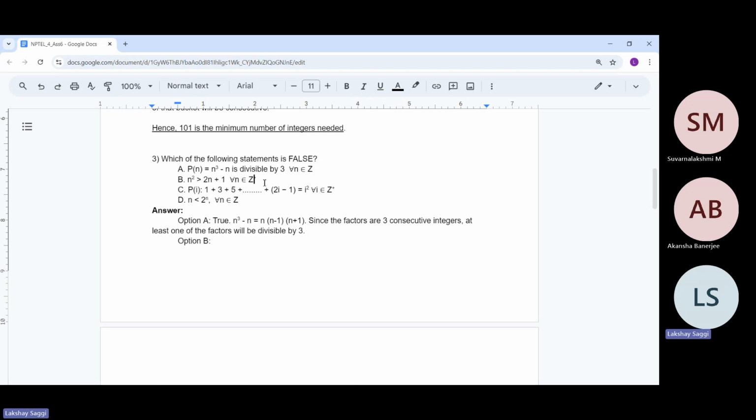So do you guys think that this is true? Is this statement true for n belonging to Z plus? Is n squared greater than 2n plus 1? This should be easy to do, guys. Is this true or not?